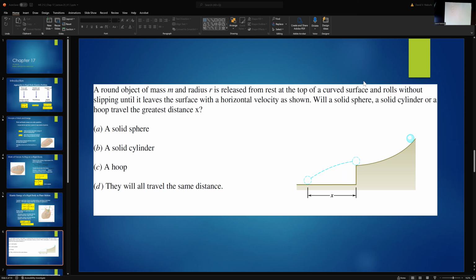Remember that the moment of inertia is the value that's going to resist rotation. So it's the analog of mass in F equals m a. So which one has the greatest rotational mass? That's going to be the hoop, and then the next one is going to be the cylinder, and the next one's going to be the sphere.